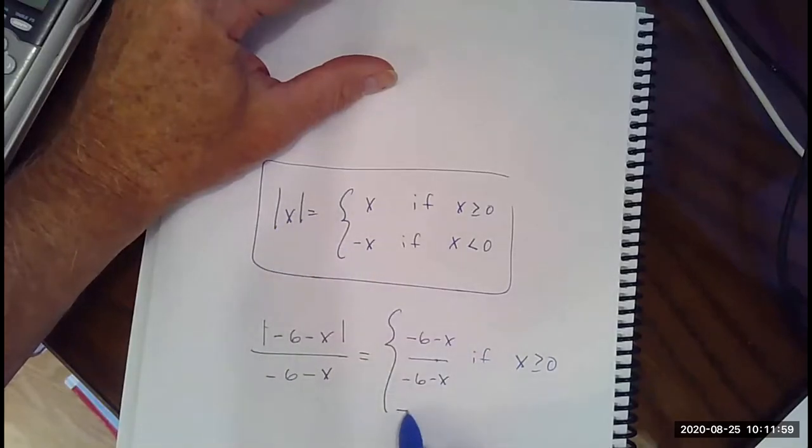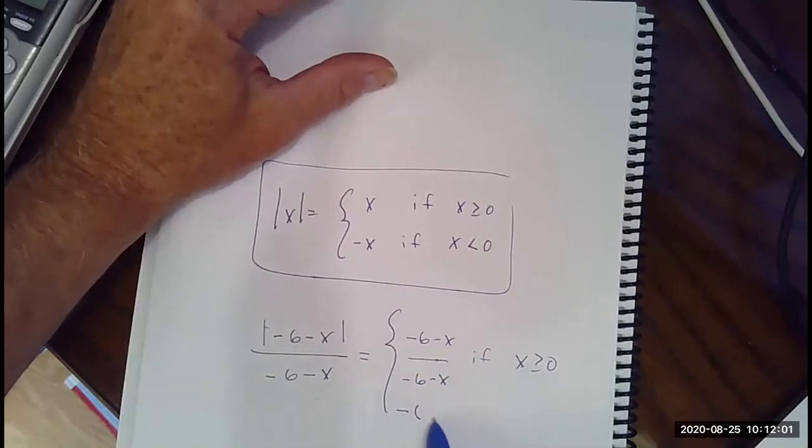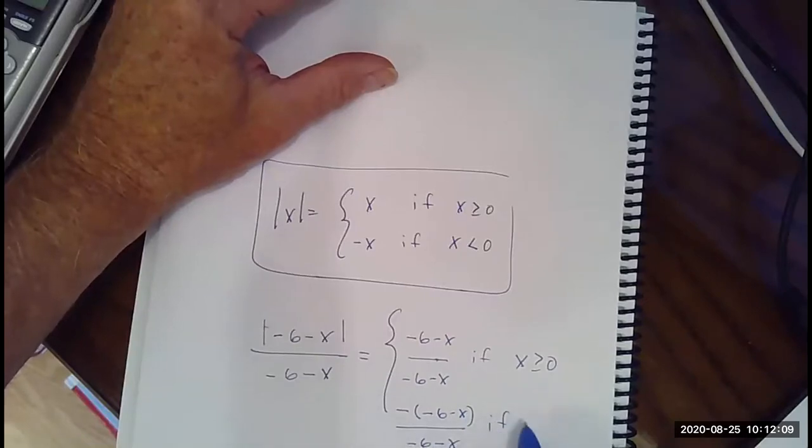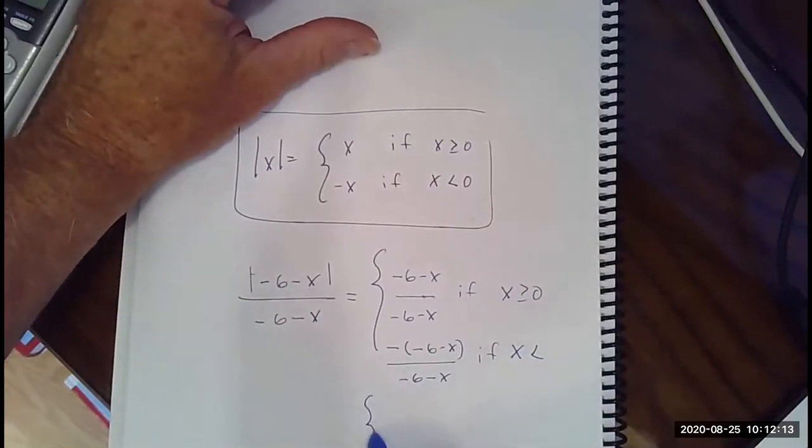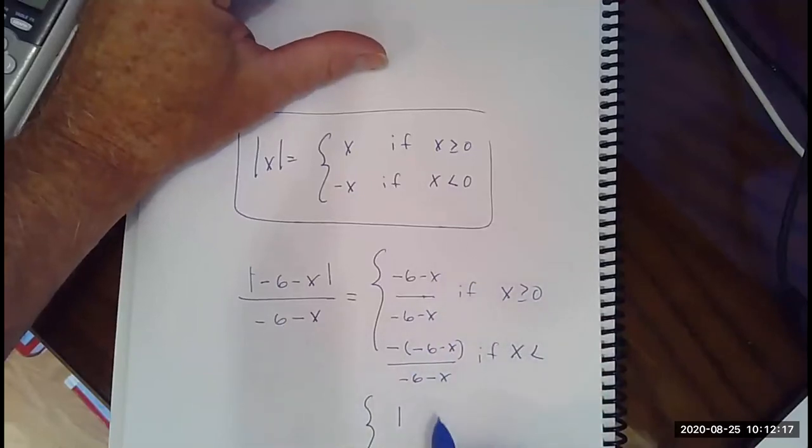So it's the opposite of the numerator. So that should be maybe, it looks like it's just going to be 1 each time if x is bigger than or equal to 0.